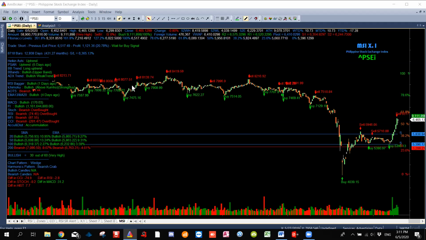Pero yung price niya, if you multiply the volume sa price, napakaliit lang pala nung amount na traded na yun. Okay? So we are looking for at least 5 million amount para masabi natin na okay, this is something na interesting.